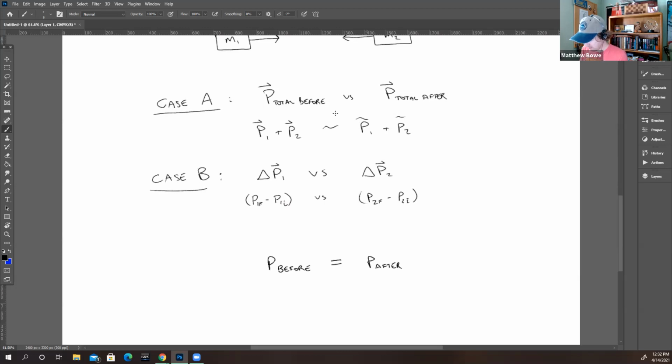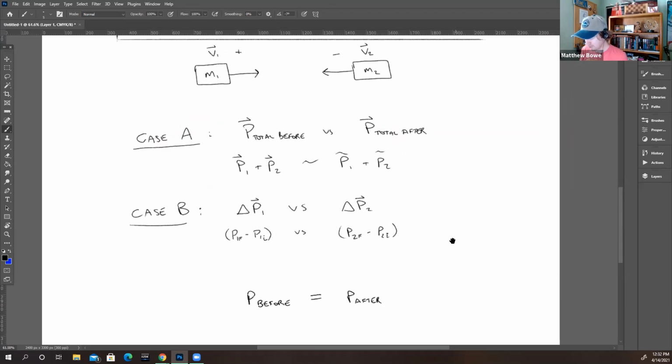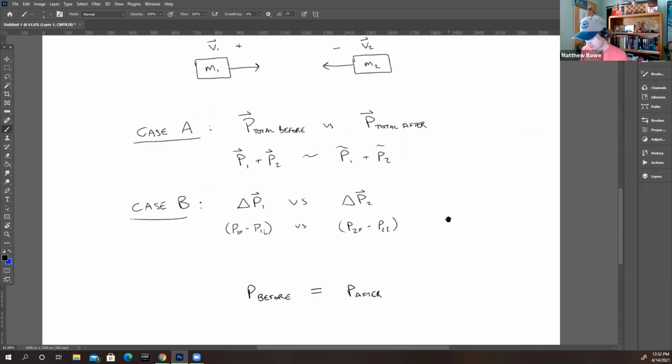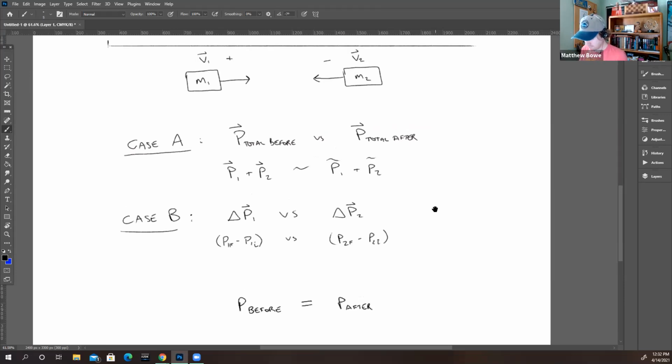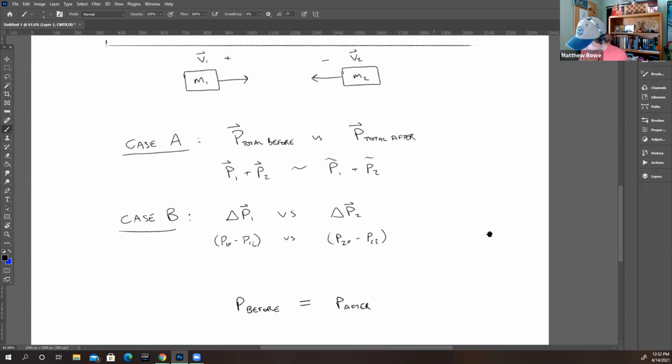So we're going to try to figure out which one represents energy conservation better, case A or case B. We're going to be doing the same thing for the kinetic energy of these cars.